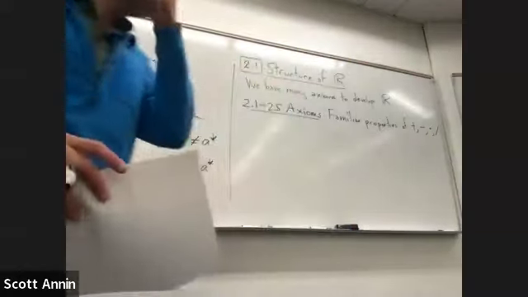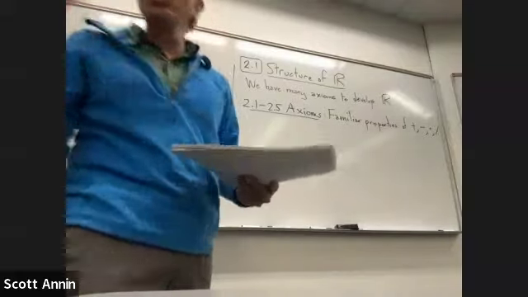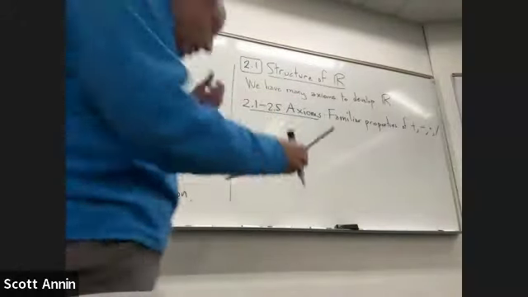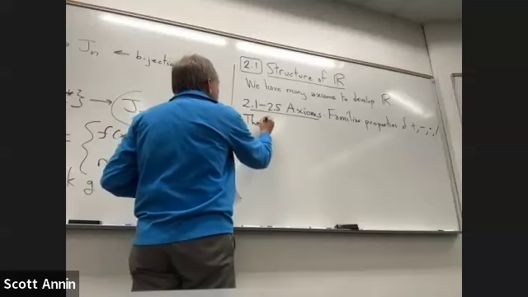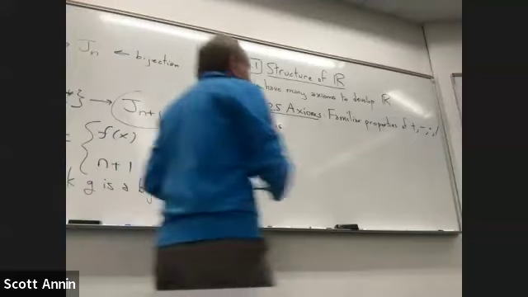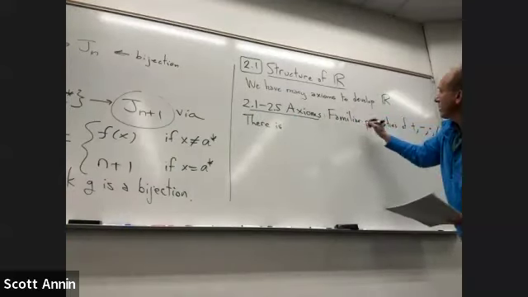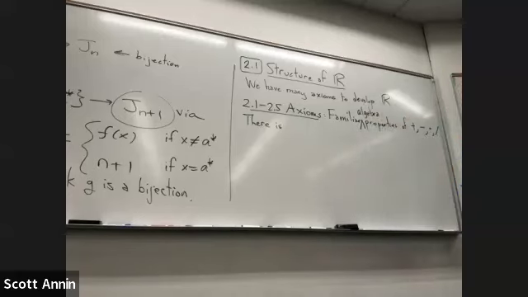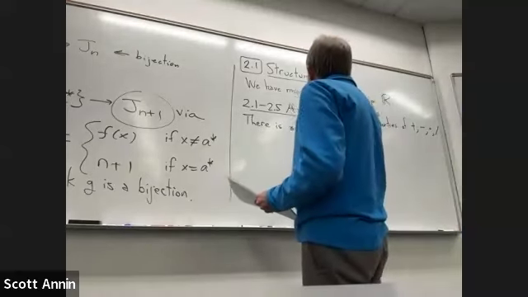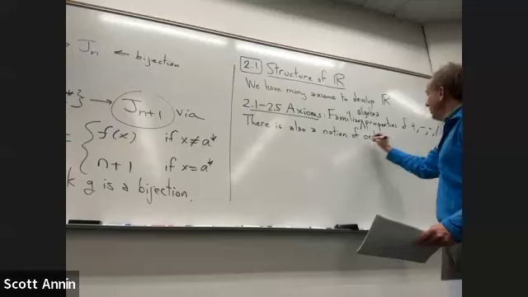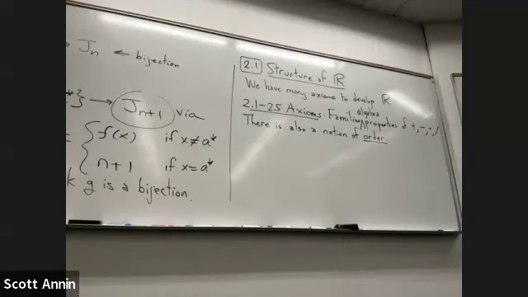But what I want to focus on really are the so-called order axioms, how we put these real numbers into an ordering. In addition to the familiar properties of algebra, those first 5 axioms, 2.1 through 2.5, there is also a notion of order that we can talk about, putting numbers in order.